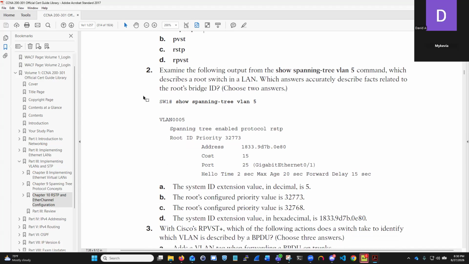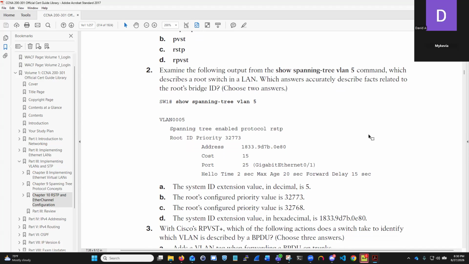A, the system ID extension value in decimal is 5. B, the root's configured priority is 32775. C, the root's configured priority is 32768. D, the system ID extension value in hexadecimal is what it shows in the screenshot.